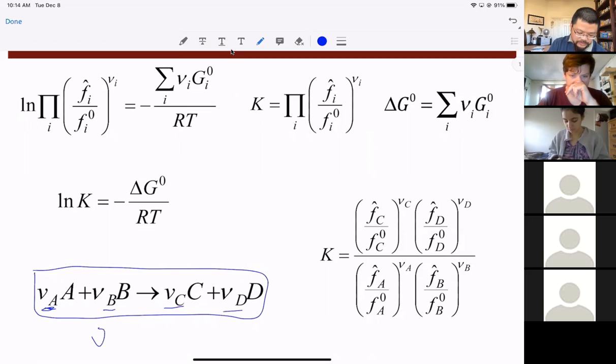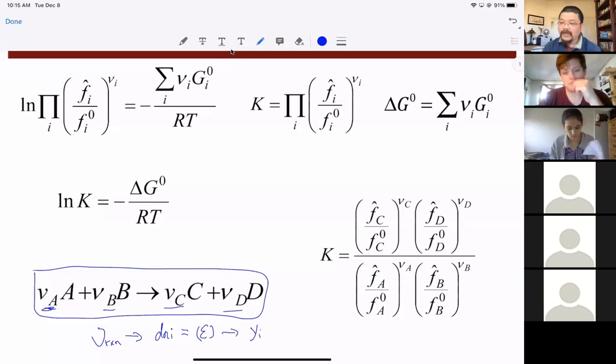Quickly, we have nu total, nu of the reaction. Moving on, for each component, dn_i, how am I going to express this as a function of the reaction coordinate, so that I'm going to have those y_i values.